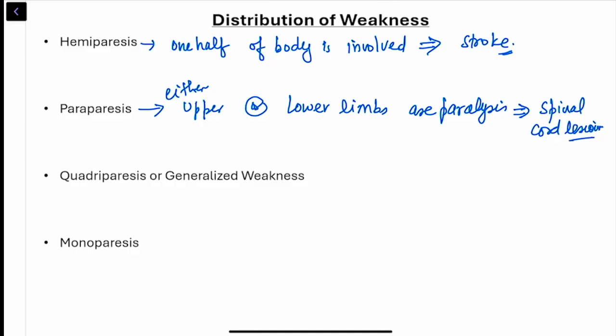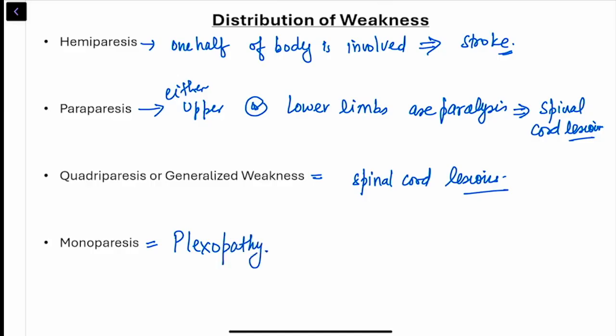Quadriparesis, or generalized weakness, is also seen in spinal cord lesions. Monoparesis means one limb is involved, and it is basically seen in plexopathies. For example, if my brachial plexus is involved, it is known as plexopathy. Plexopathy can cause monoparesis.